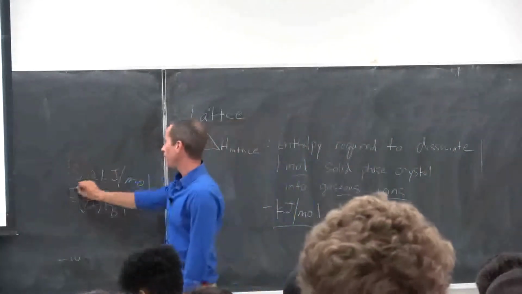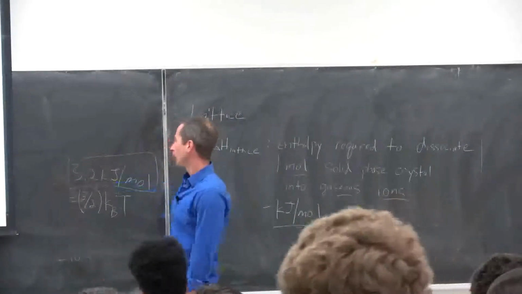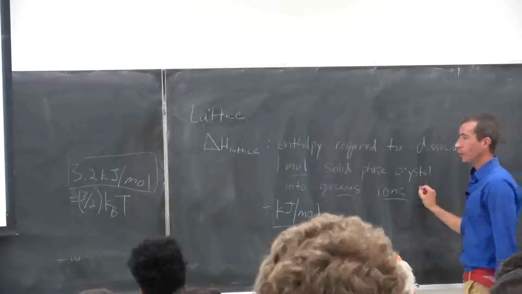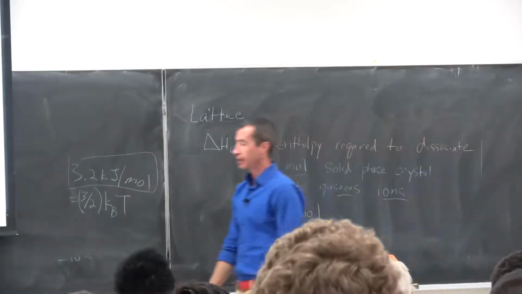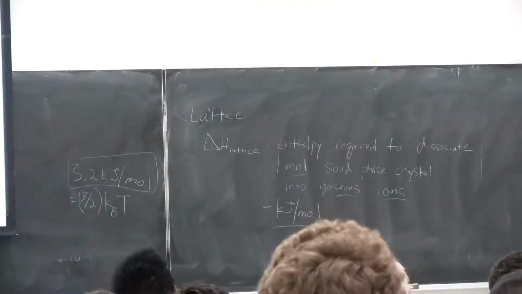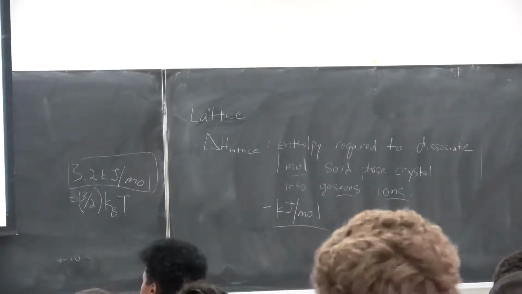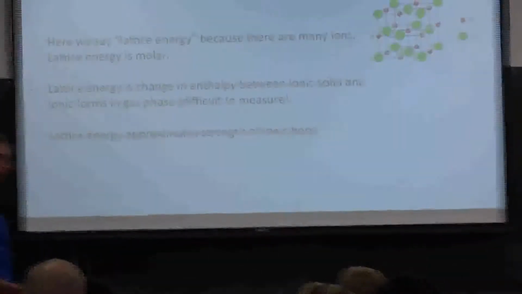So hopefully we have more energy than this in whatever our lattice is to hold it together. Okay? So how could we use Coulomb's law to try to estimate this? If we can't measure it, hopefully we can estimate it, right?